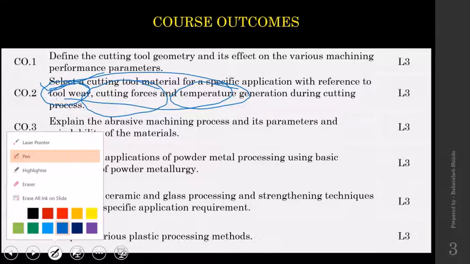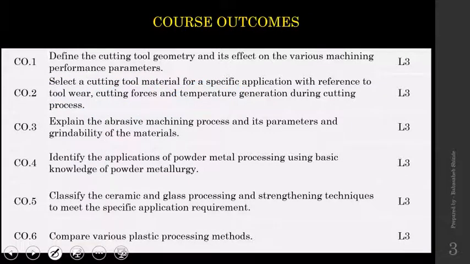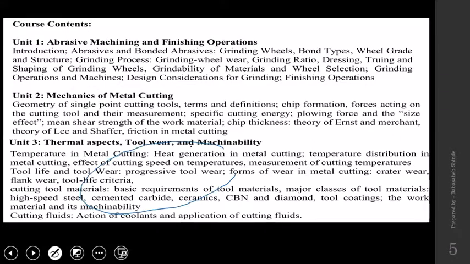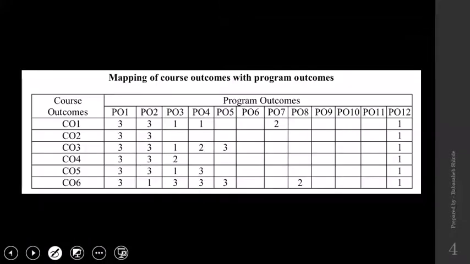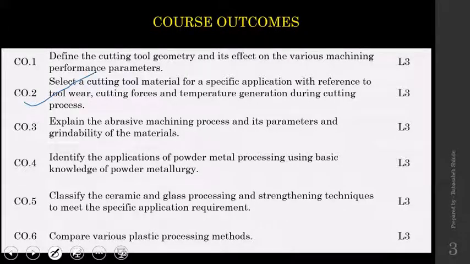So once you have studied unit number 3, you are going to study all those things: thermal aspects, tool wear, cutting tool material, and how to control that temperature generation with the use of cutting fluids. And once you study all those things, you are supposed to satisfy CO number 2.